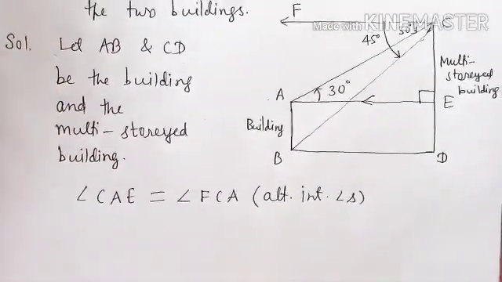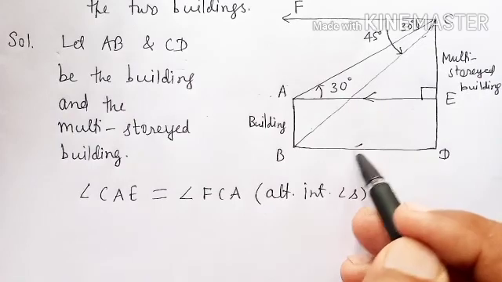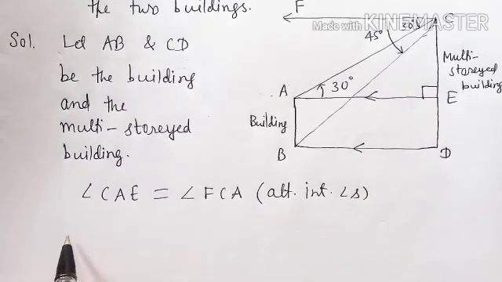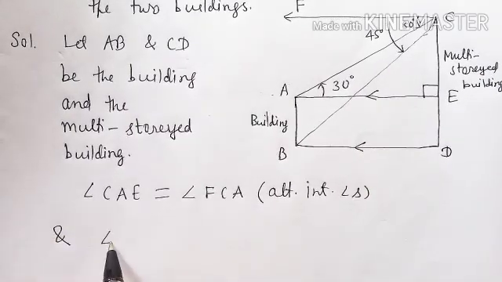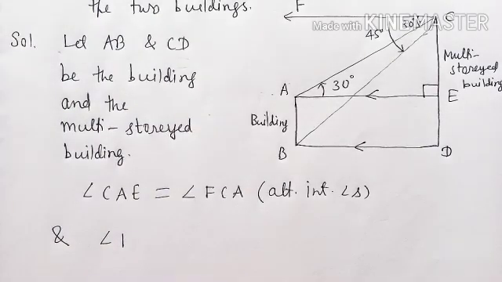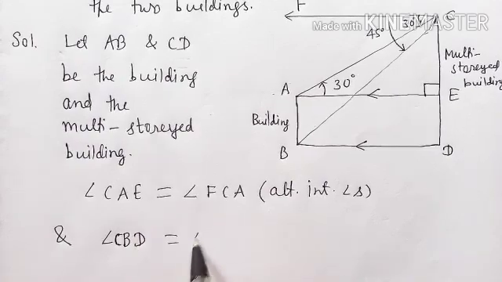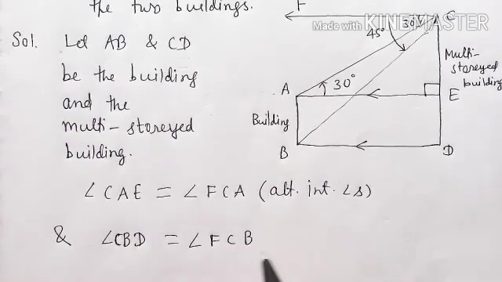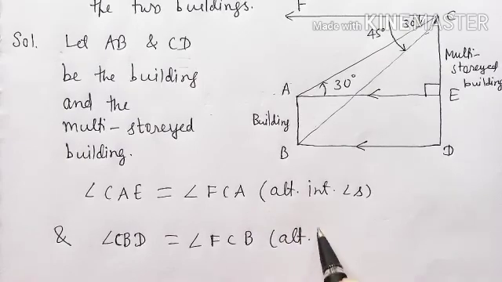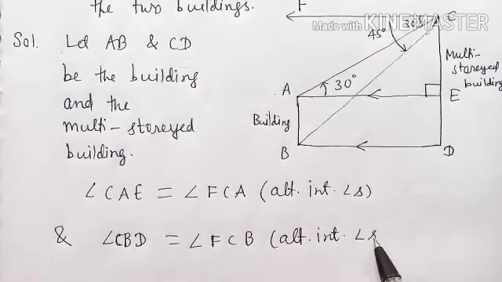Also FC is parallel to BD. So angle CBD is equal to angle FCB, alternate interior angles.